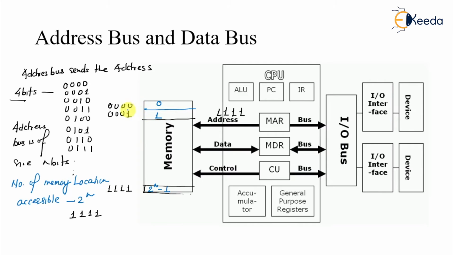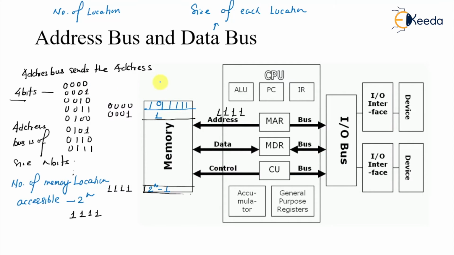Address bus is about the number of locations, and data bus has nothing to do with the quantity; it is the size of each location. I'm talking about the width of this one.